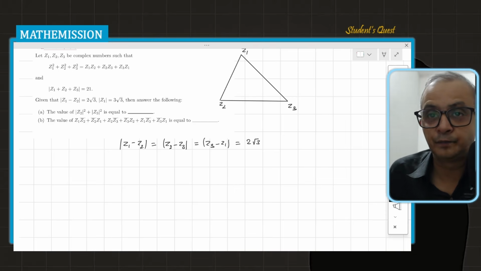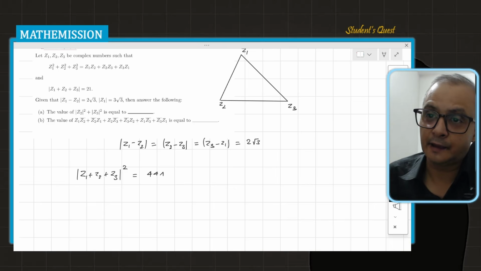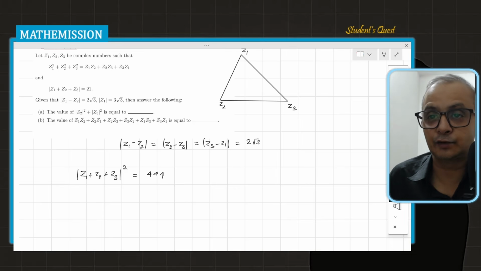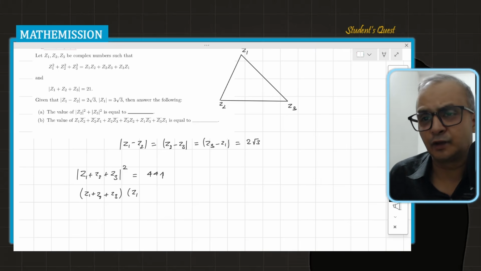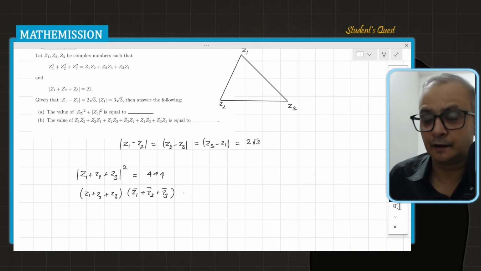So what we have is the mod of Z1 plus Z2 plus Z3, and I can take the square of it, 441, and I can just write there (Z1 plus Z2 plus Z3) times (Z1 bar plus Z2 bar plus Z3 bar), or you can directly apply the (a plus b plus c) squared formula also with a bit of care, is equal to 441.